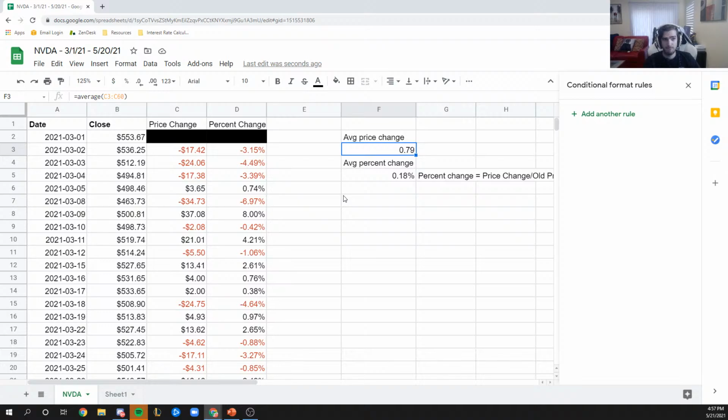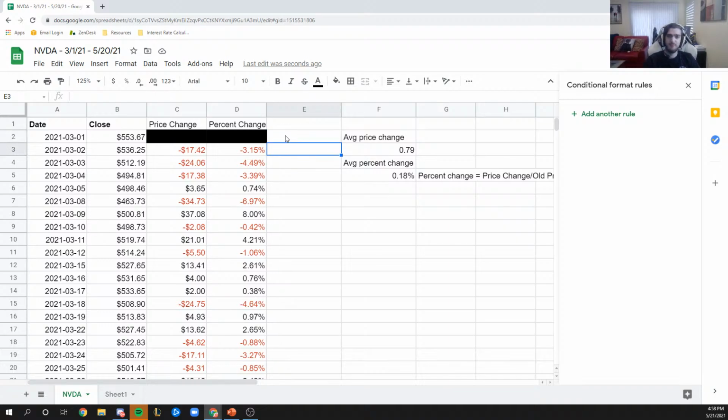But I want to see that line. I want to see it doing a straight line up. How can we do that? By using our locked cells.